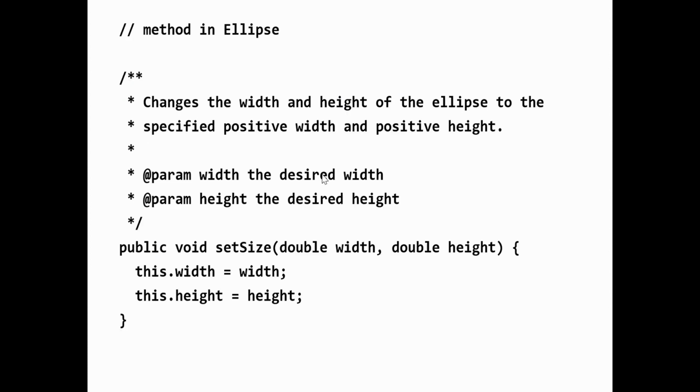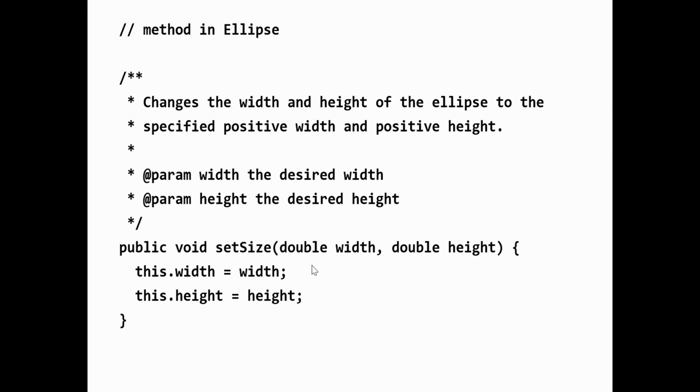So for example, this is an ellipse. In ellipse, we've got this method called setSize. It changes the size of the ellipse. Every ellipse has a width and a height, and they're independent. So presumably our ellipse class has a field called width and a field called height, and it just sets the width to width and the height to height.